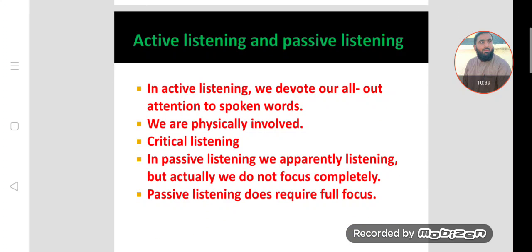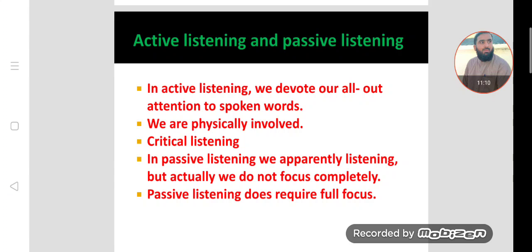Active listening and passive listening. Yes, we have two types of listening. In active listening, we devote our all-out attention to spoken words. We are physically involved in active listening. Critical listening, yes, while listening to others actively, we can pass critical remarks. So critical listening is also known as active listening.